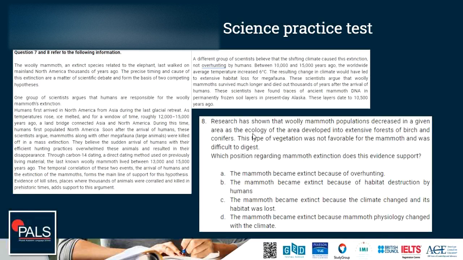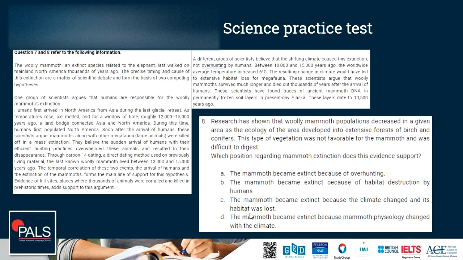The mammoth became extinct because of overhunting. The mammoth became extinct because of habitat destruction by humans. The mammoth became extinct because the climate changed and its habitat was lost. The mammoth became extinct because mammoth physiology changed with the climate. So we can definitely exclude A and B because A and B relate to the first paragraph. Now what about C and D?